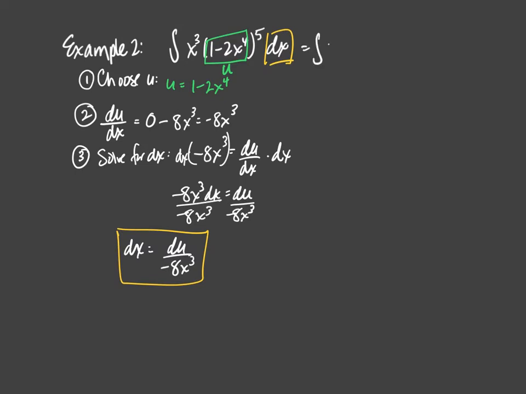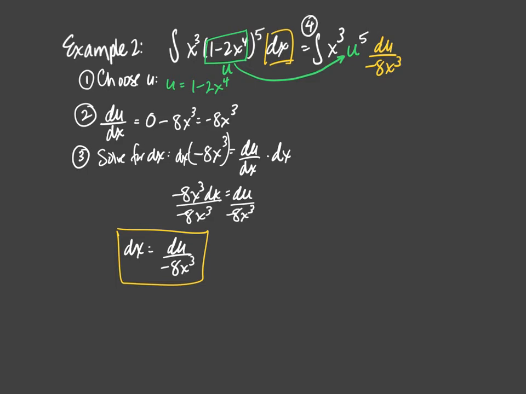So this is x cubed, u to the 5th power. Right? I did that substitution here. Take out 1 minus 2x to the 4th and replace it with u. And then dx is du over negative 8x cubed. So that's step 4 here.